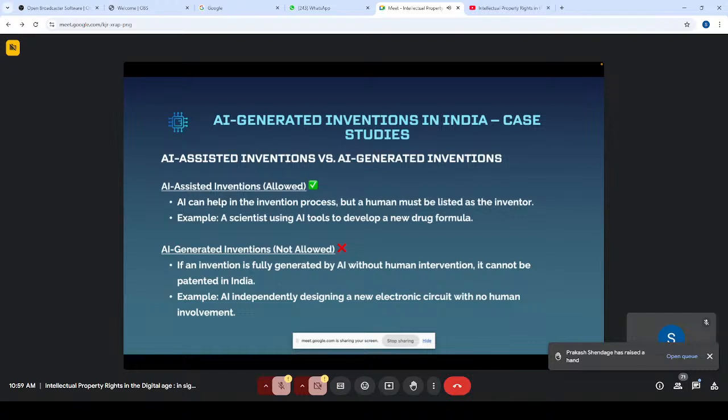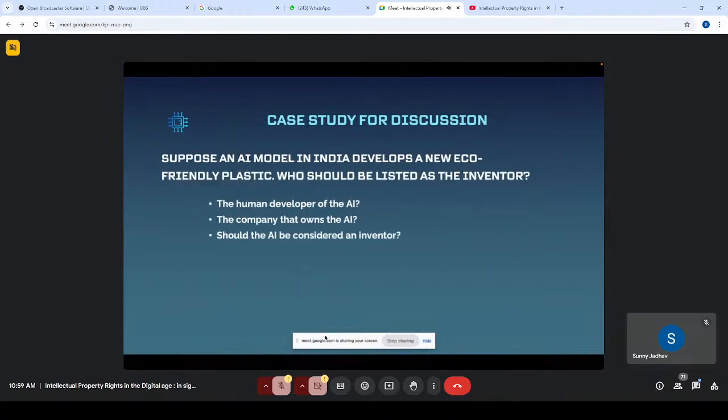How have they been arranged? Everything is thought and processed by AI, then it is said that AI independently designed that circuit. And if someone tries to file that AI is the inventor of the circuit, this application will not be allowed and AI cannot get any protection for that. Then a case study for discussion here.